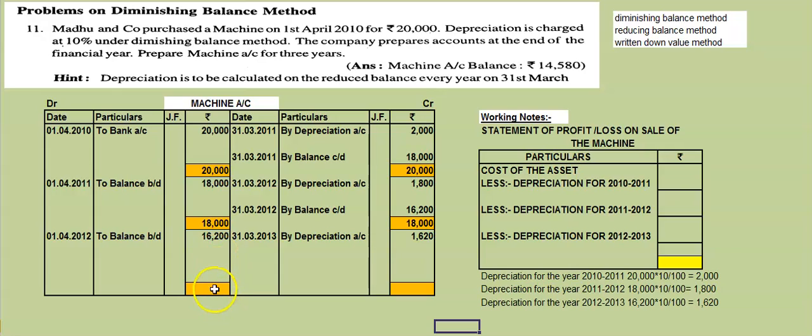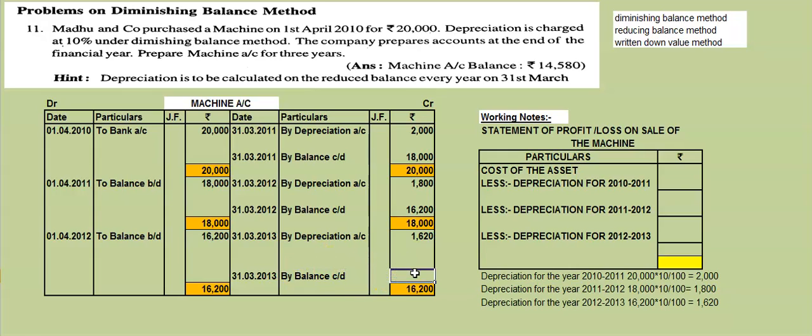Now what is the last step here? The problem is not over. 16,200. So you have to balance. 16,200 here also. Now what do you have to do? You have to take the balance on 31st March 2013. What will you write here? By balance carried down.